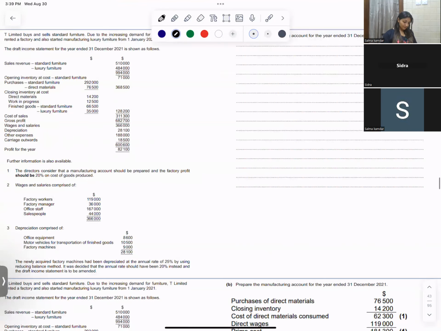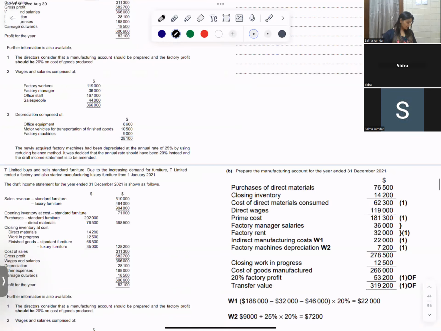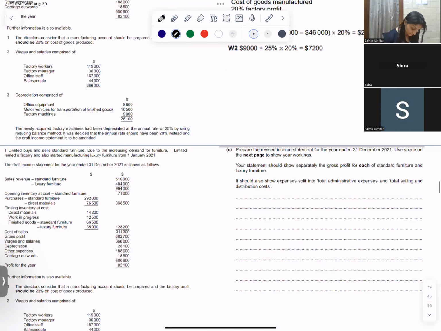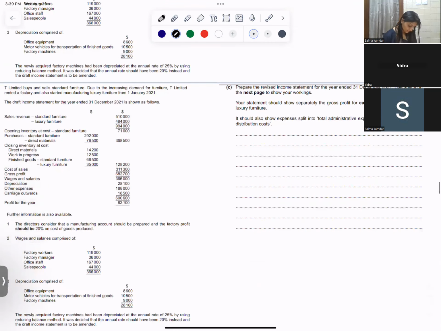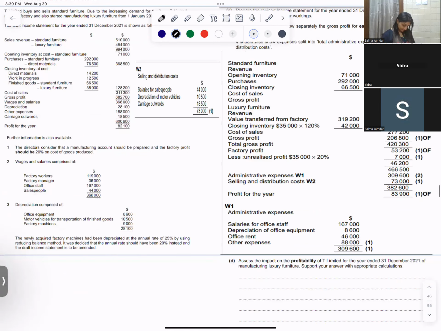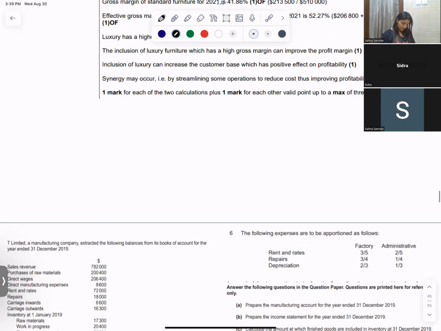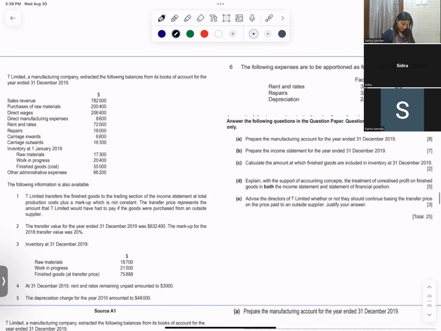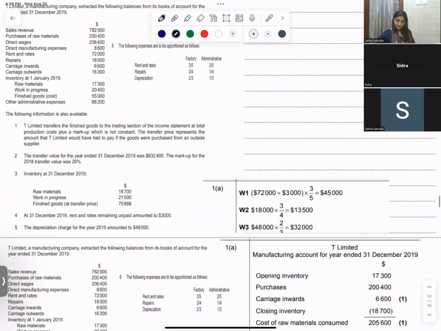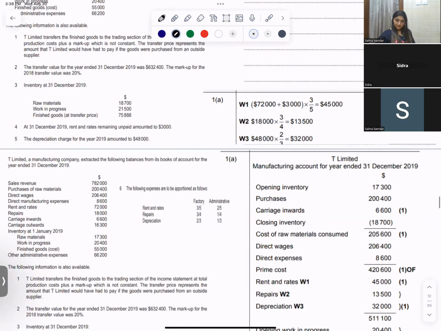When you're creating the provision, which accounting concept are you following? Prudence and matching. Realization also. Yeah, but I don't remember realization.